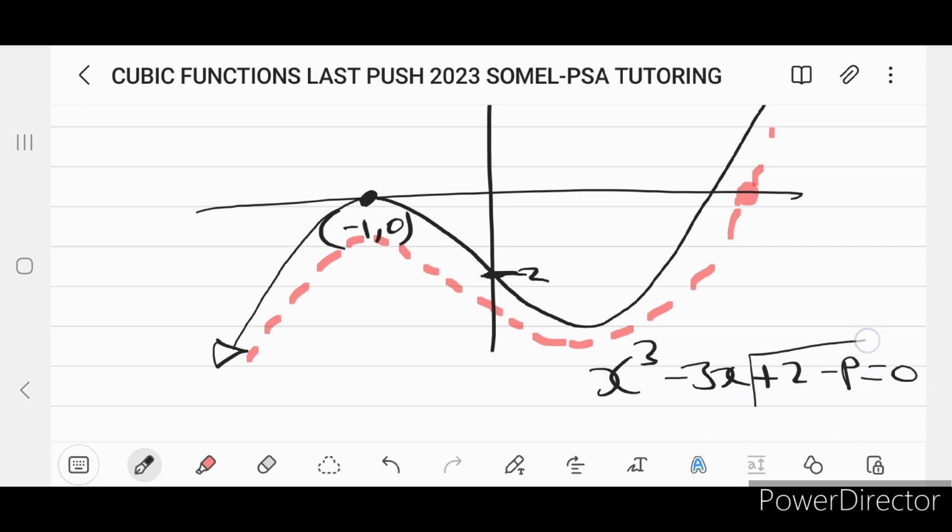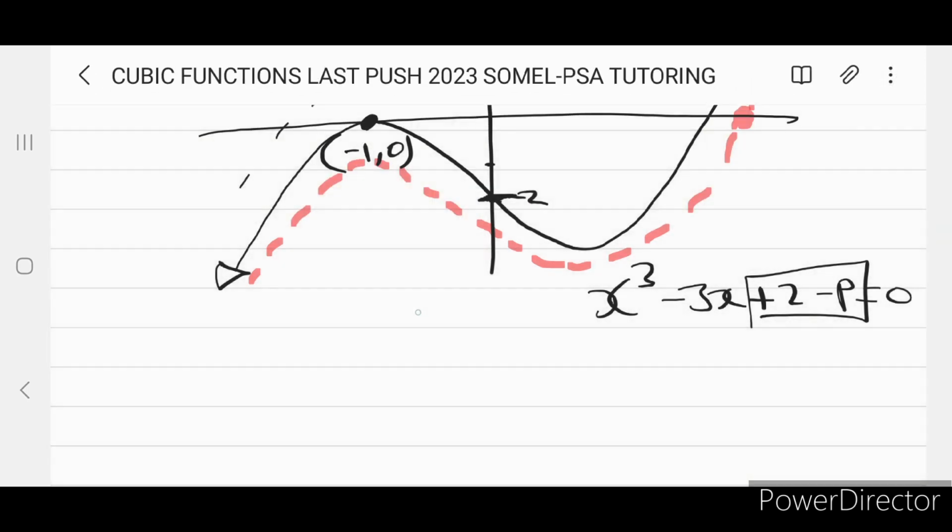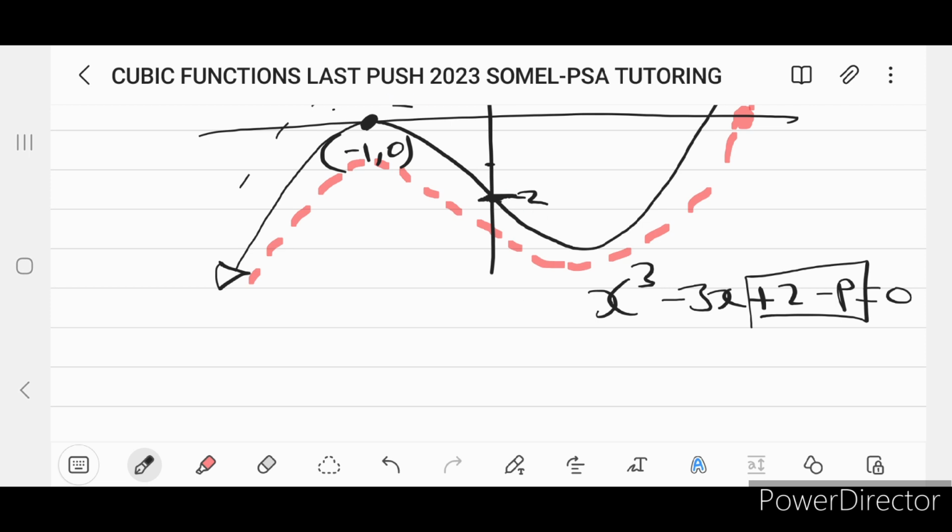So I'm going to say this y value is now against minus 2, no longer against 2. So I want it to be less, not greater, because if it's greater, it's going to move up, and if it's moving up, it's going to go to 3 roots. Okay, so I'm going to say 2 minus p. I want it to be less than minus 2. So the 2 comes that side, 2 plus 2, which is 4, and then the p goes that side, it's going to be positive p.